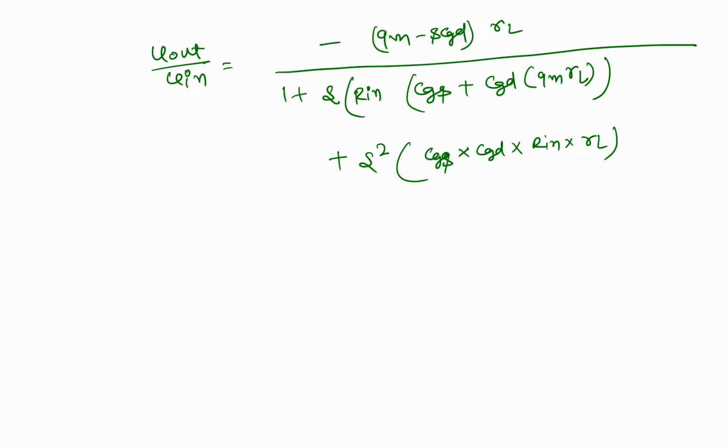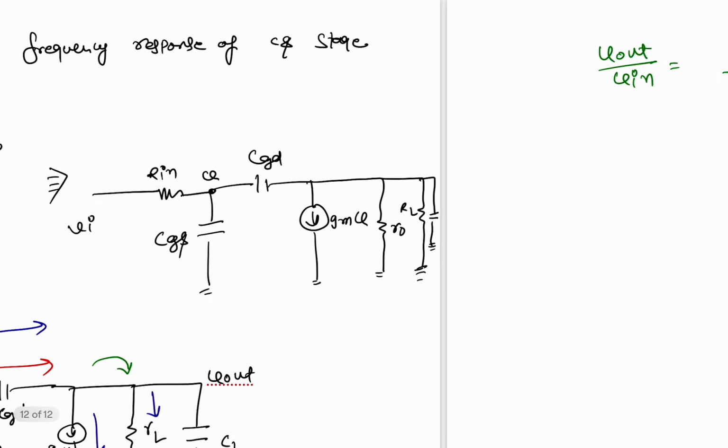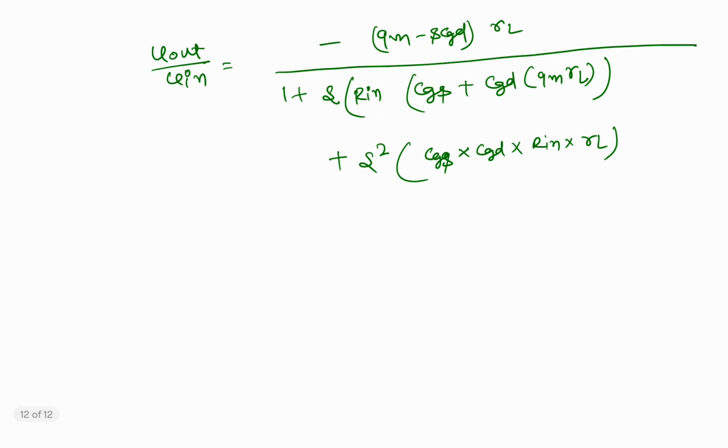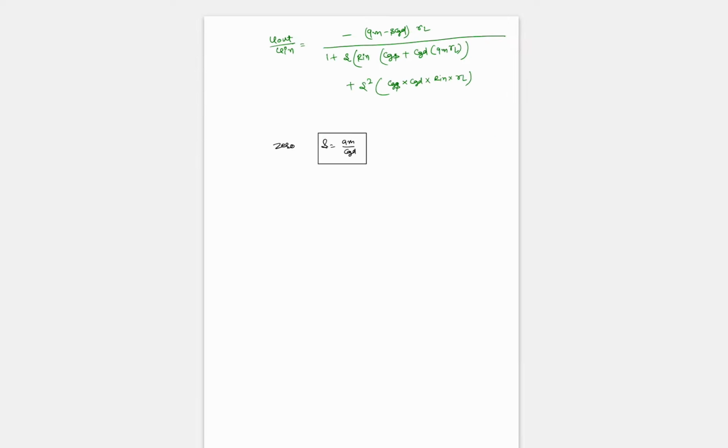So by intuition you can check this transfer function and find out the zero and pole of the common source stage. The zero is from this coefficient. If you put the numerator equal to 0, then you will get the frequency, gm divided by Cgd, at which there will be a zero.